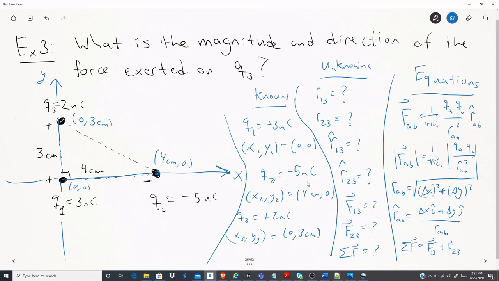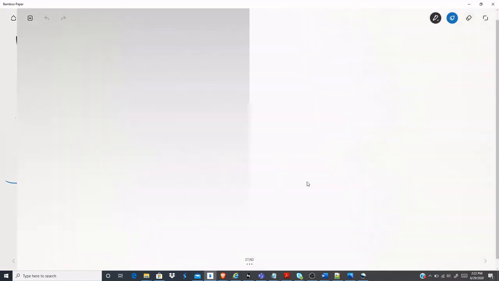So now that I have everything mapped out, it's simply a matter of personal choice in terms of how I want to start working out these unknowns and getting specific numbers for them. Before I do anything, it's really convenient to start working out distances. So I'm going to start by working out R13 and R23.